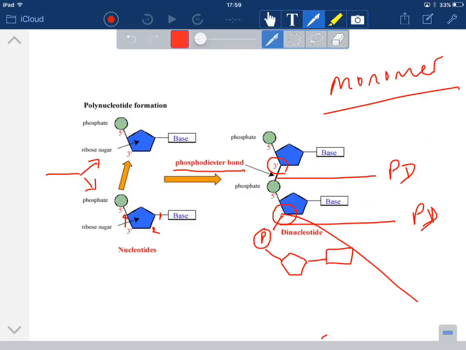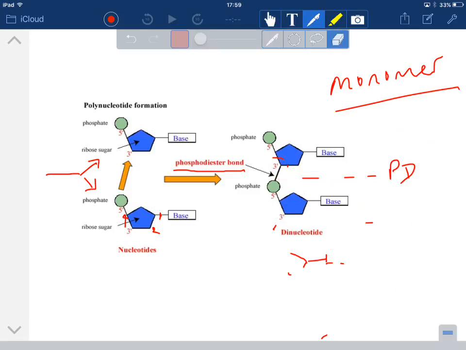That means that in a chain of polynucleotides, a nucleotide is always added in a direction where it starts off at 5 and then one is added to the 3rd, then one is added to the 3rd, and so on.